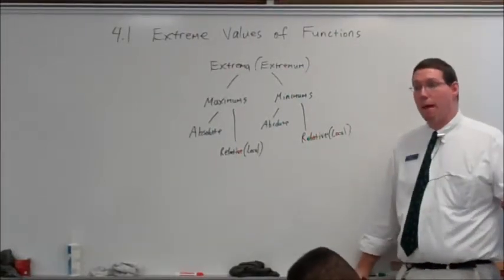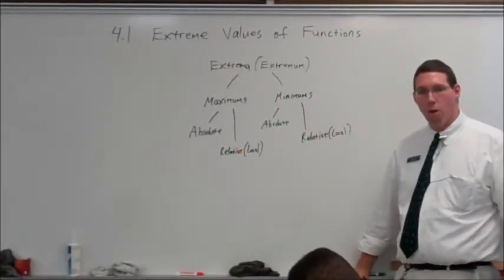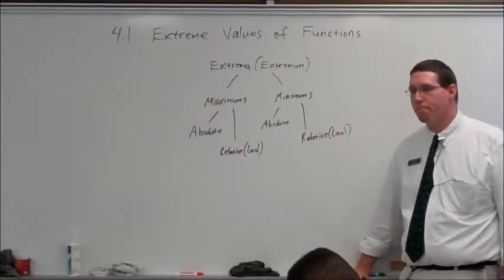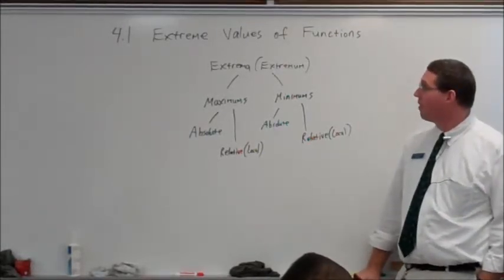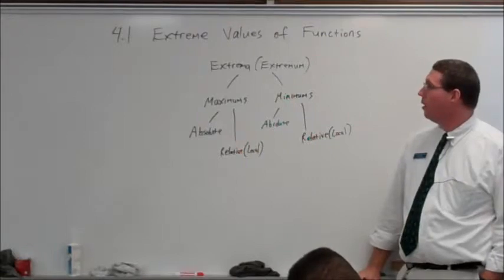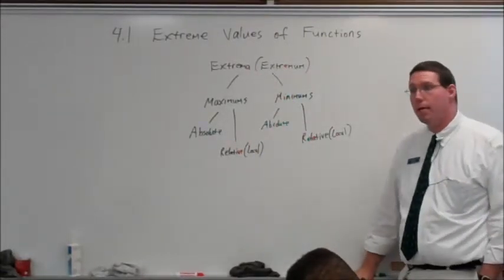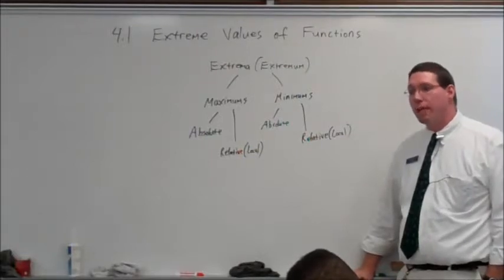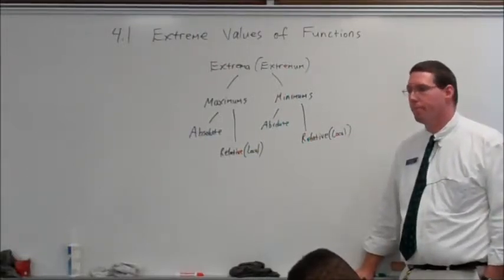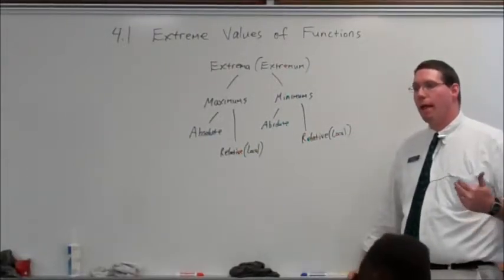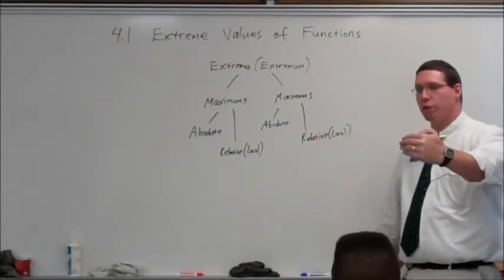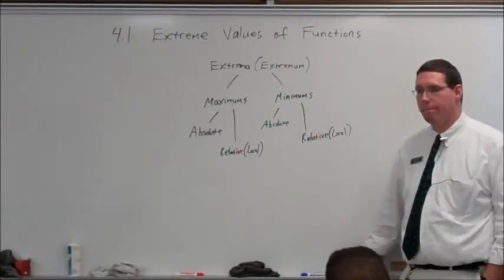So you've got absolute maximums and absolute minimums, local maximums and local minimums. They all fall under the general term extrema or extremum, or an extreme point, an extreme high point or an extreme low point.